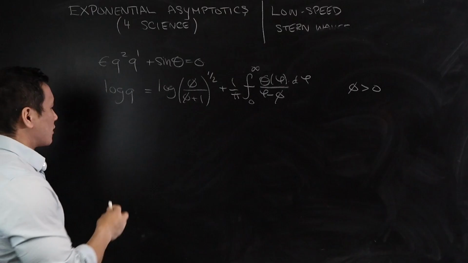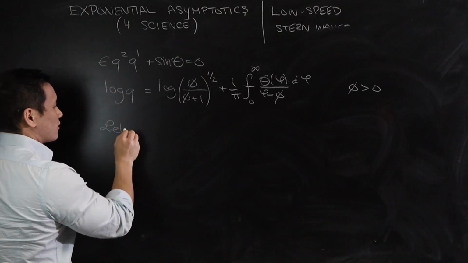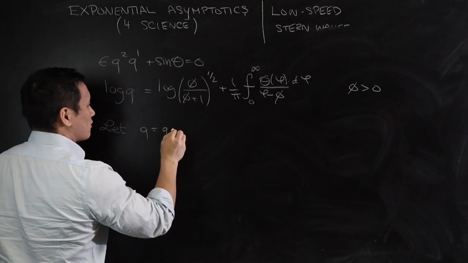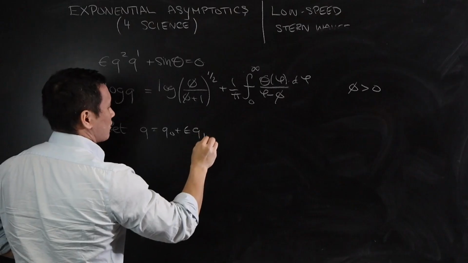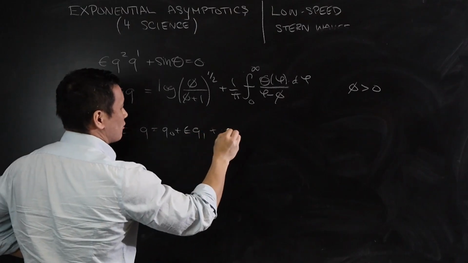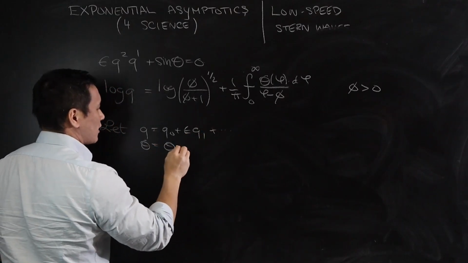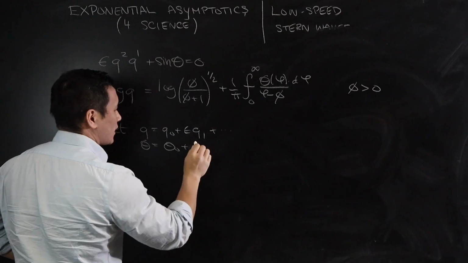But we know that we can then try to expand. So let q be q0 plus epsilon q1 and so forth. And then you do the same thing with theta.